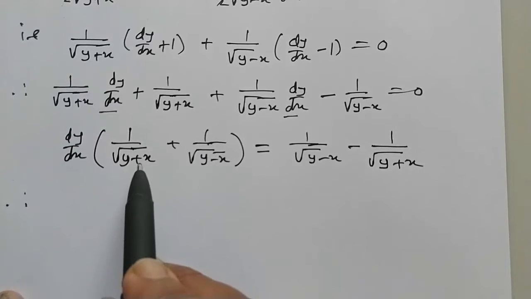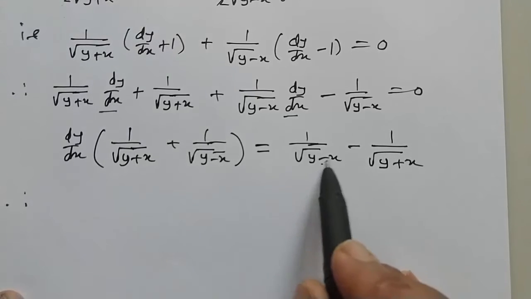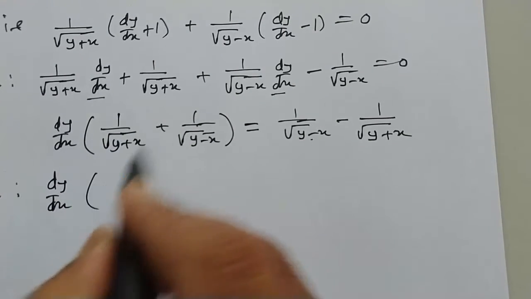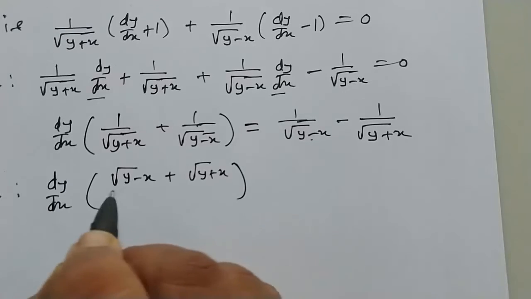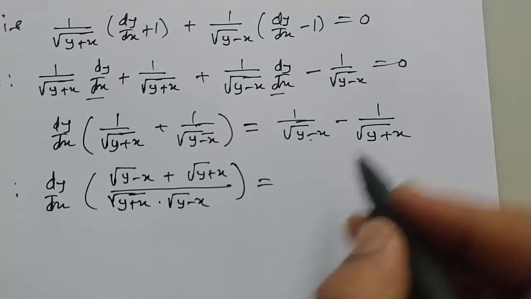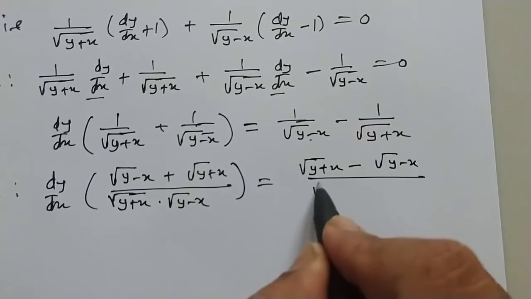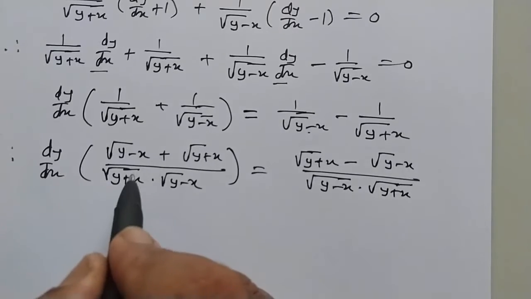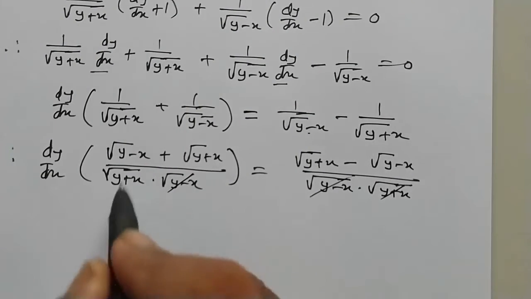Now the LCM of these two terms is the product of these two denominators. Similarly, the LCM on the right is also the product of these two denominators. So dy/dx into (√(y−x) + √(y+x)) upon √(y+x)·√(y−x) is equal to (√(y+x) − √(y−x)) upon √(y−x)·√(y+x). Now √(y+x) into √(y−x) in both get cancelled.